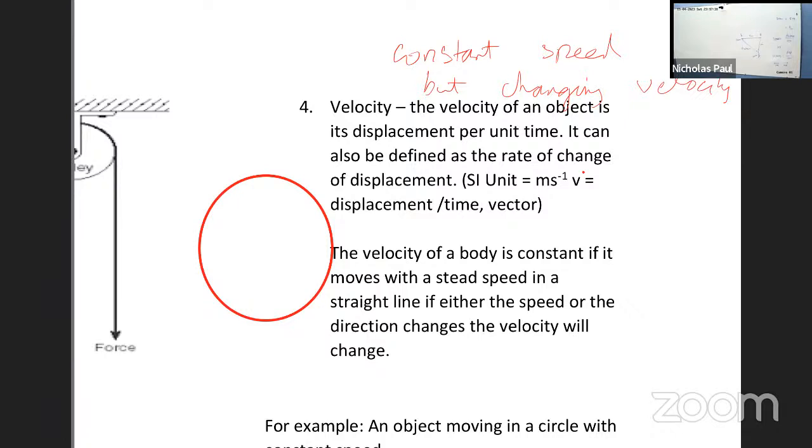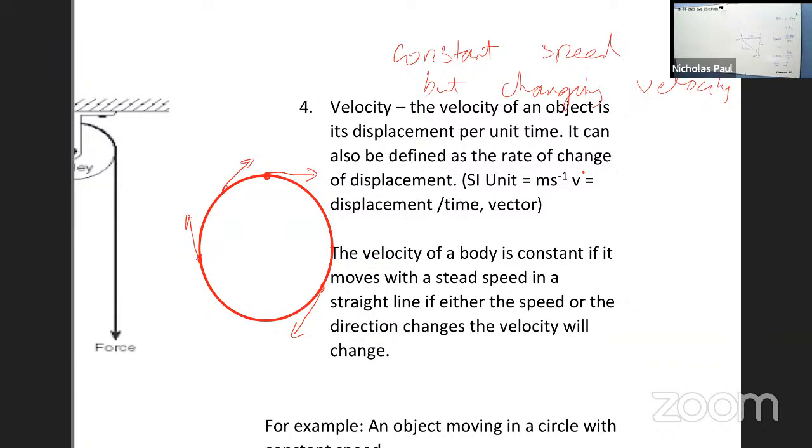But the direction on top here, because it's a circle, the direction is always a tangent. The direction is like that. When you're here, the direction is like that. So what you recognize? Although you move with a constant speed, the direction always changes.